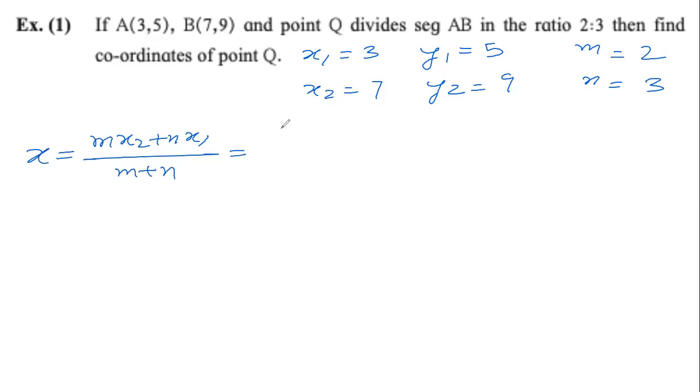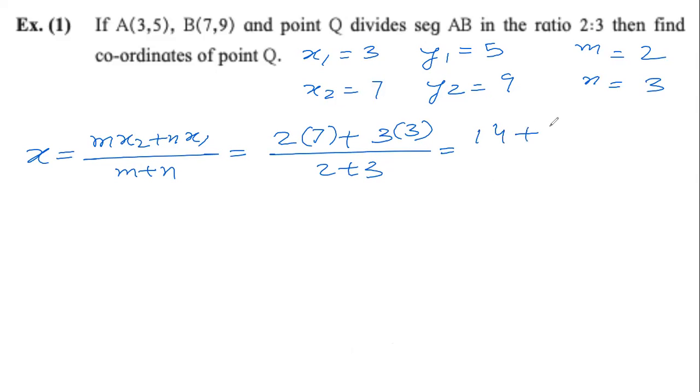Now we have m as 2, x2 as 7, n as 3, x1 as 3, divided by 2 plus 3. 2 into 7 is 14. 3 into 3 is 9. 2 plus 3 is 5. 14 plus 9 is 23, and 5. So x is 23 by 5.